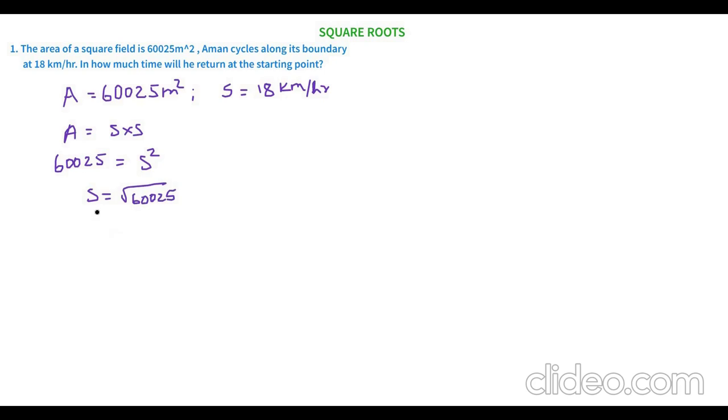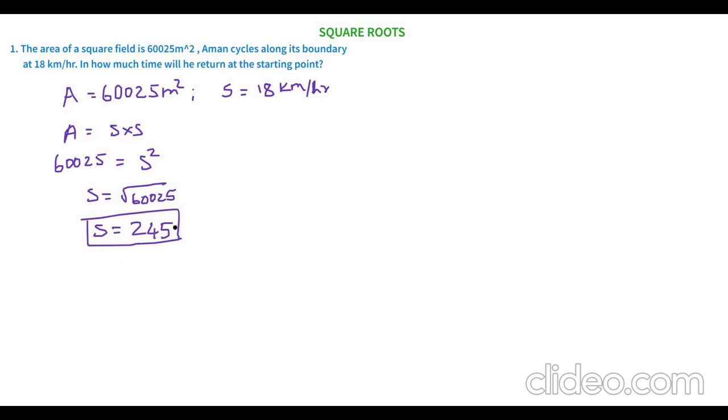The square root of 60,025 is 245. I am not doing the square root method again because I have already taught it in my previous videos. It is very easy. Either you can do it with the division method or the prime factorization method. I have already taught you this. You can refer to my video. The link will be in the description.